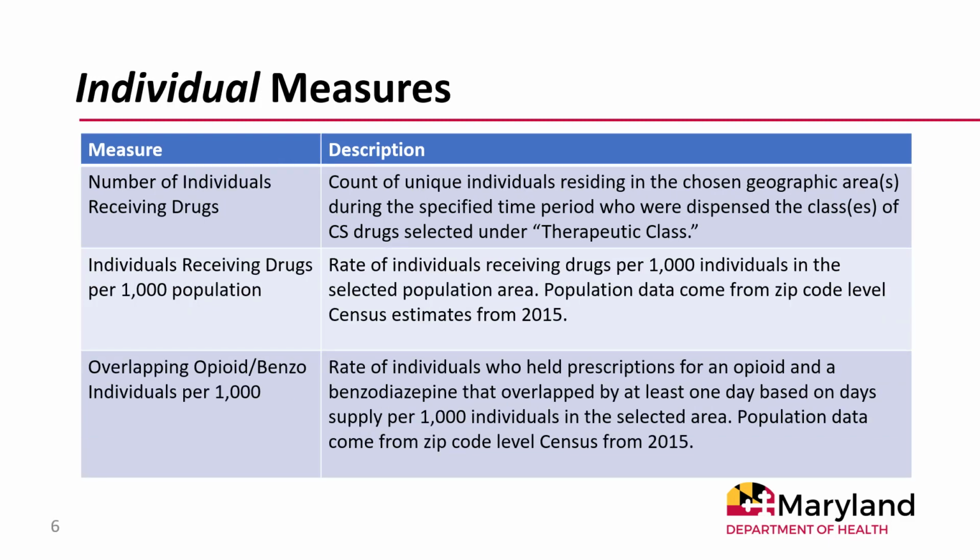In this slide, we will review the Individual Measures tab. This includes number of individuals receiving drugs, individuals receiving drugs per 1,000 population, overlapping opioid benzo individuals per 1,000.